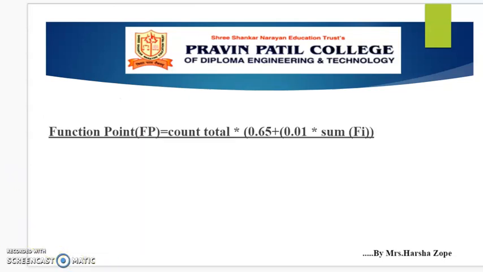Function point equals count total into, in brackets, 0.65 plus 0.01 into sum of F i. By using this formula, you will calculate the value of FP. Let's consider the next example.